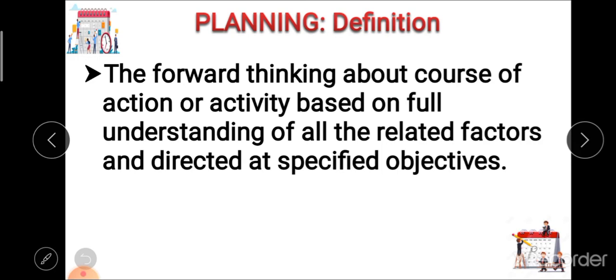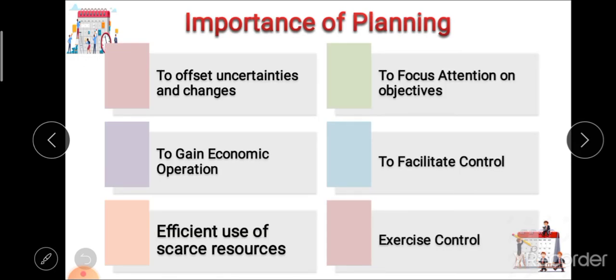After the definition of planning, next is the importance of planning. There are six major importances of planning. The first is to offset uncertainties and changes. Uncertainty and change make planning necessary.